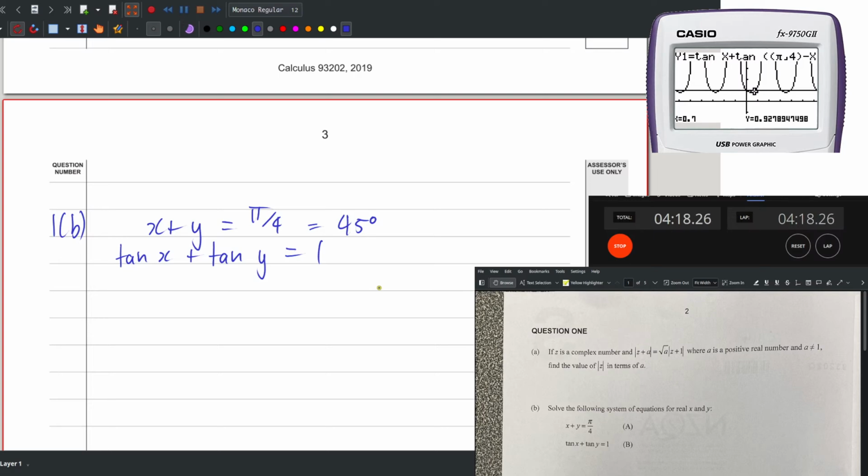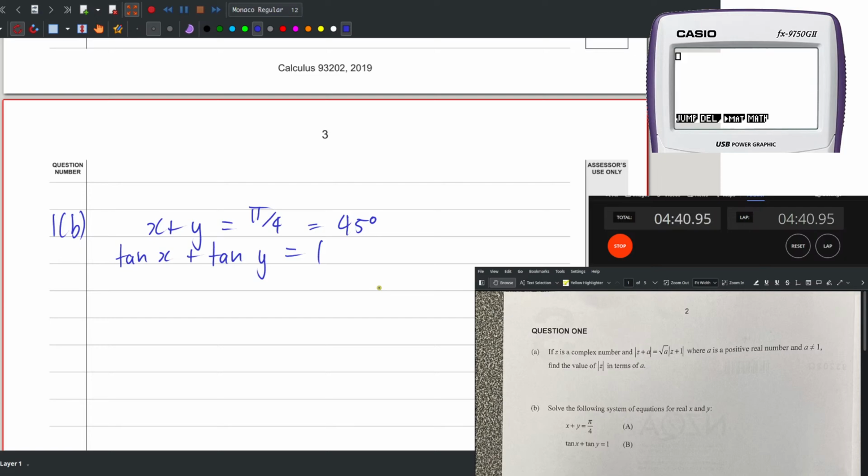Okay, so it looks like the solutions are always like 0.7-ish, and then obviously it repeats. It repeats after pi. It's always 0 and then 0.78-ish.